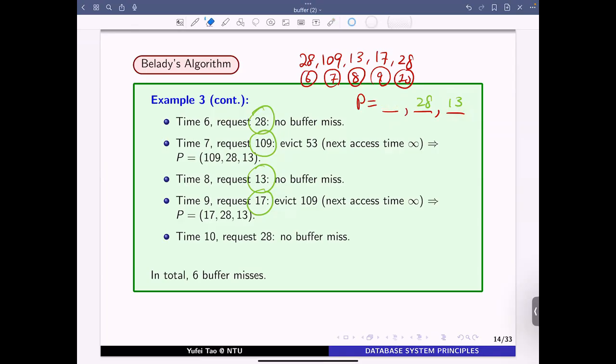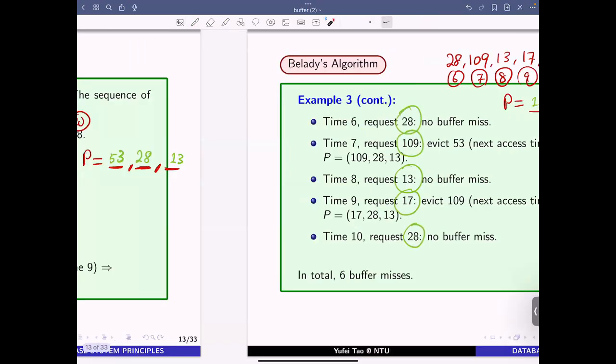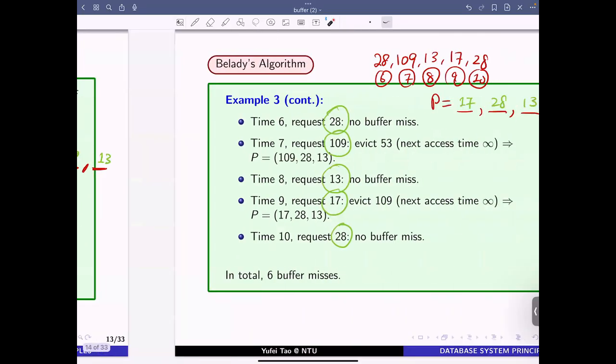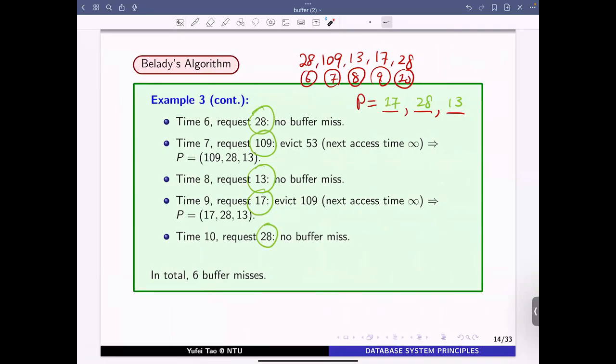Let's say we remove 109 and put 17 here. Finally, we come to the last request, which is 28, and that's a hit. Overall, we hit here, here, here, and here, so 10 minus 4, and therefore we have 6 misses.